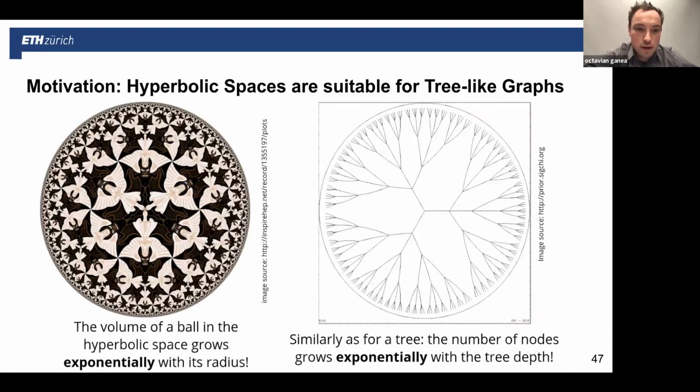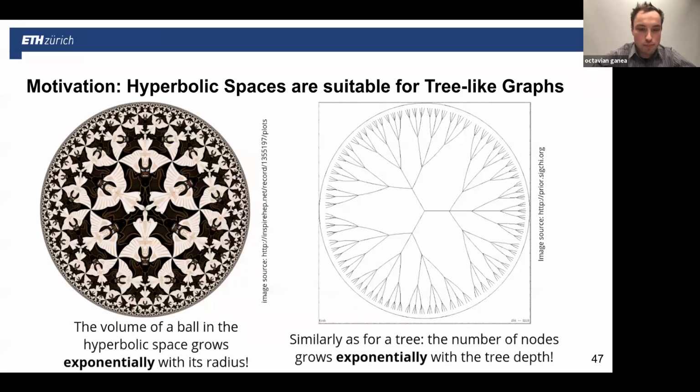And here is another picture to give some intuition. On the left side, we have the hyperbolic ball, and each bed in this figure has the same hyperbolic area. But of course, if we viewed this picture in Euclidean space, then they would have different areas. In hyperbolic space, they have exactly the same area.